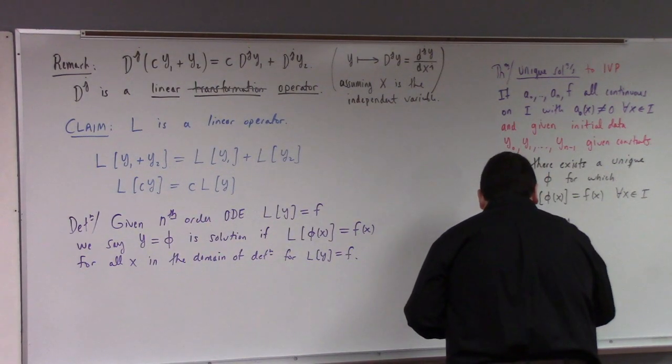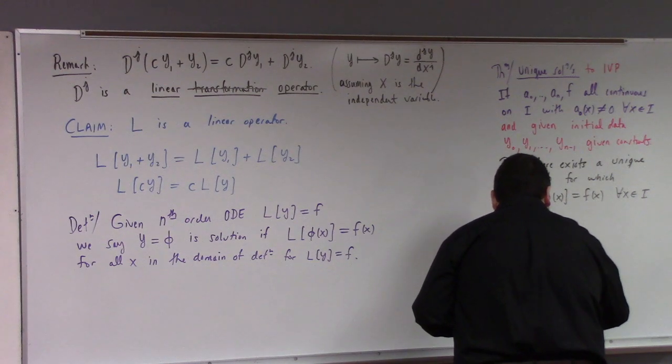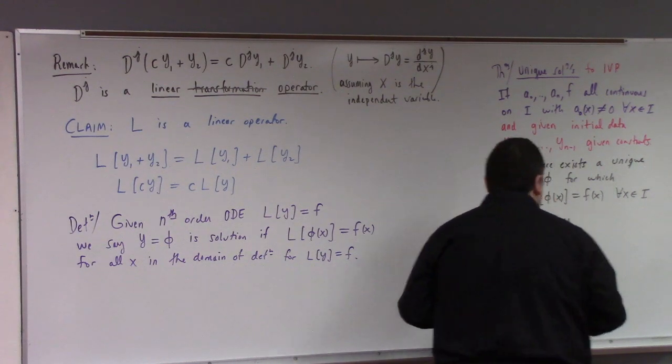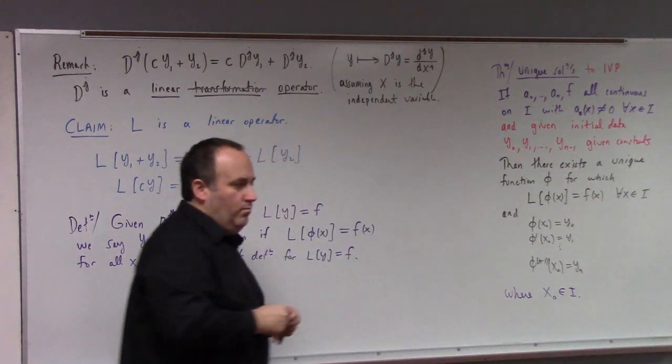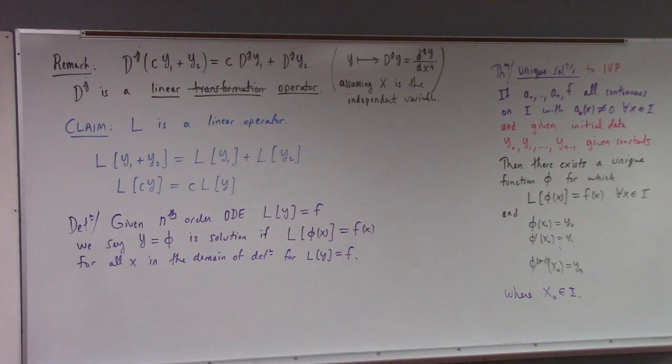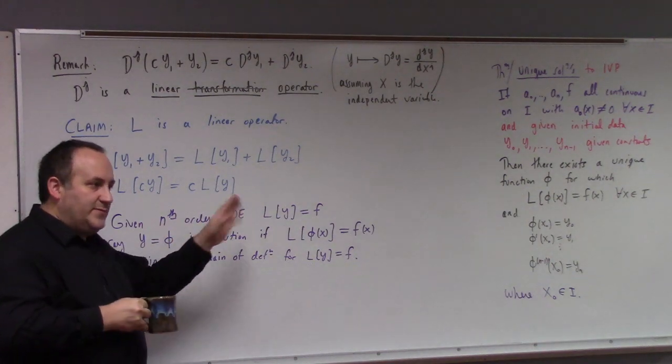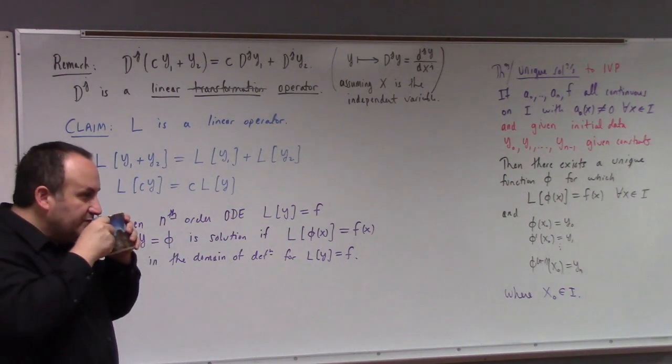Here, x naught is an element of the domain of definition. So the theorem is saying that if you wanted to find a solution that gives you all of those values and all of those derivatives, you can make it happen no matter which point in the domain of definition you choose.